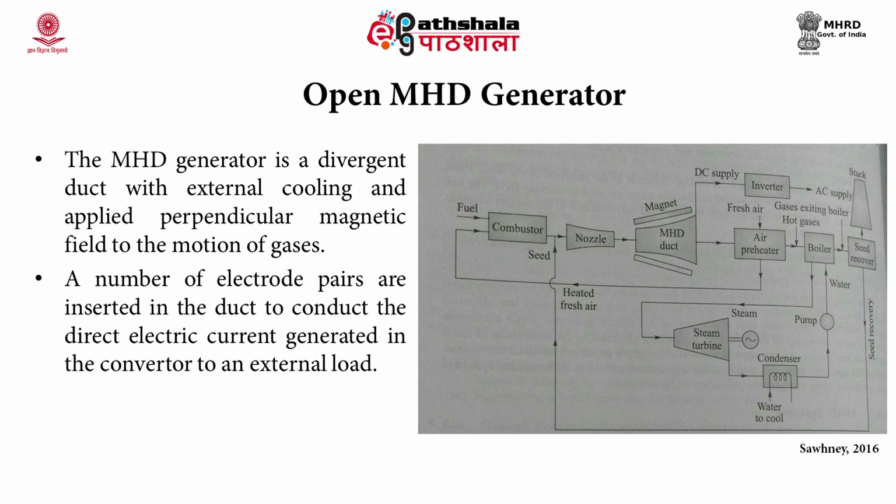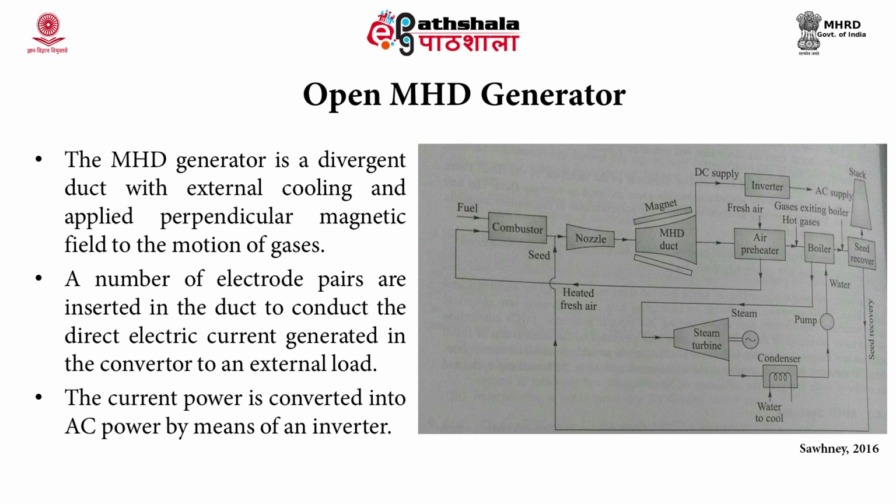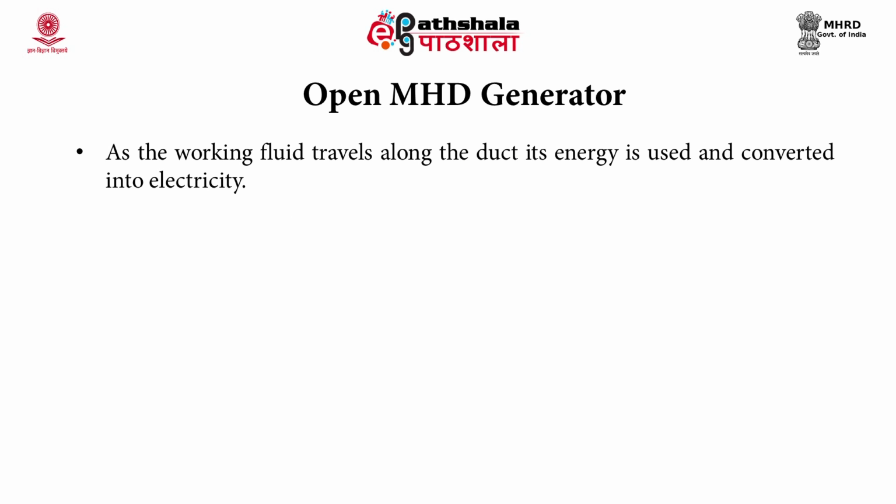A number of electrode pairs are inserted in the duct to conduct the direct electric current generated in the converter to an external load. The direct current power is converted into AC power by means of an inverter. As the working fluid travels along the duct, its energy is used and converted into electricity.